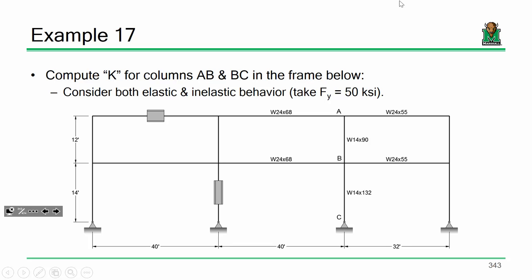We did this example, and one of the things I wanted you all to pick up is that we did it 2 ways. One was considering elastic behavior, and one was considering inelastic behavior. Now, when we considered inelastic behavior, what happened to K? We had a K value, and then we applied tau. What was the next K value? Was it higher or lower? Lower, okay?